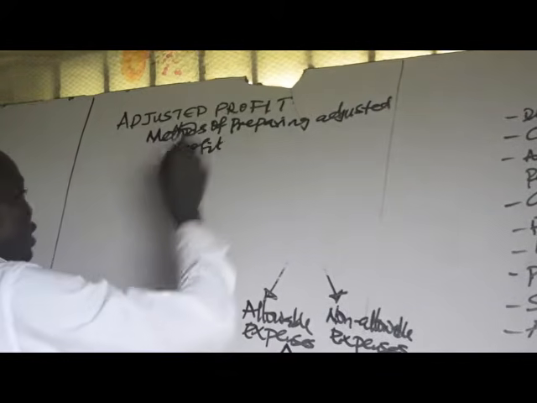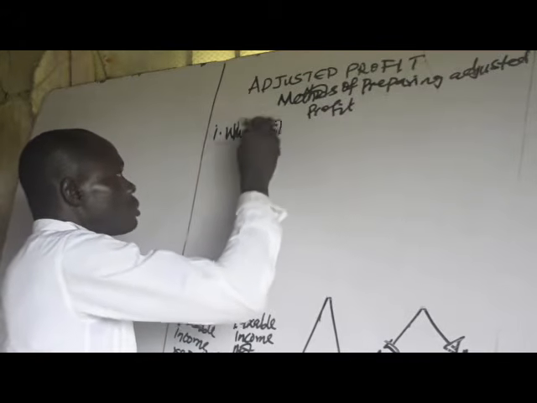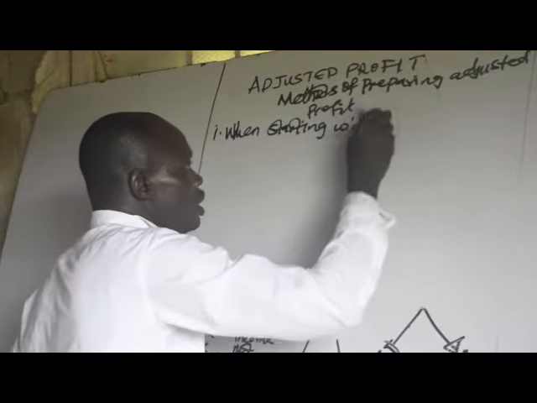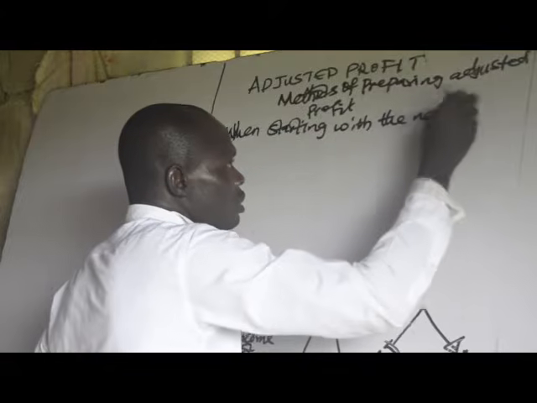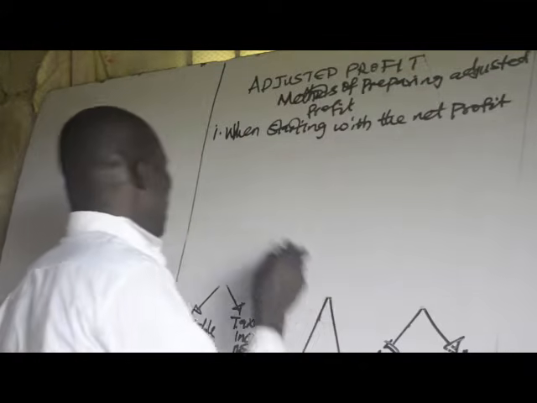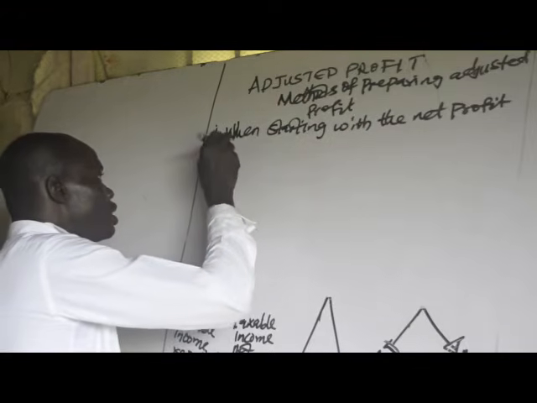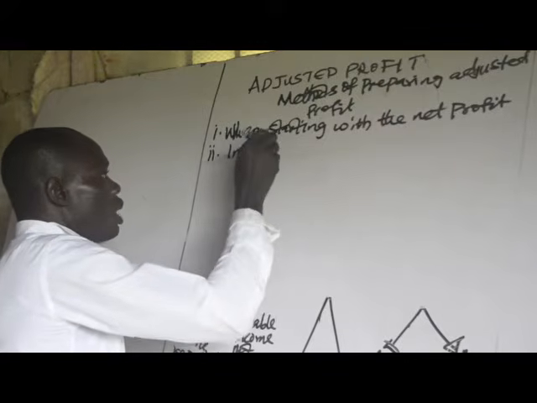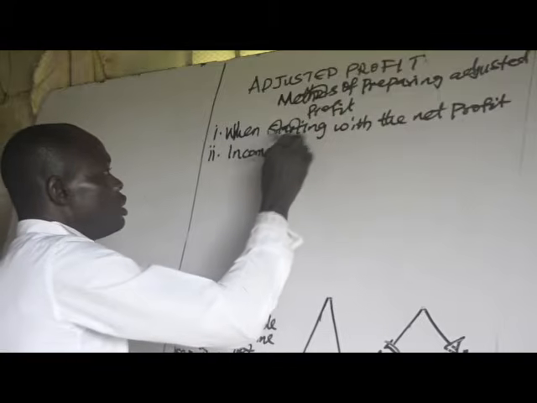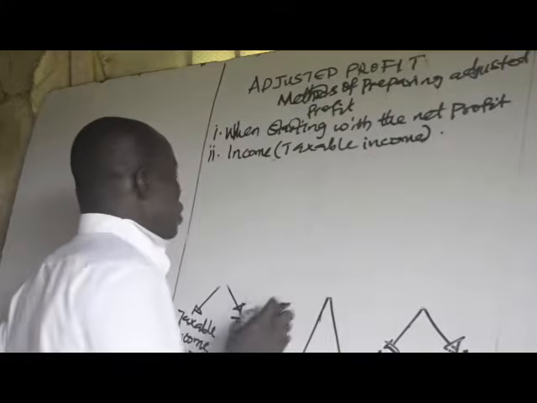The first method is when you are starting with the net profit figure reported in the account. And the second method is when you are starting with income or taxable income. These are the two methods.